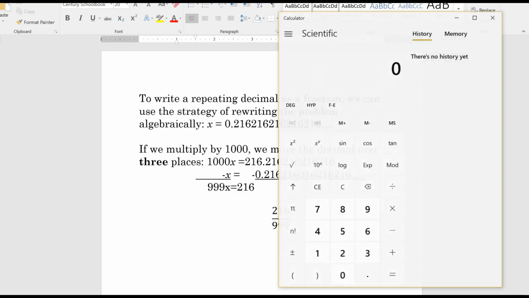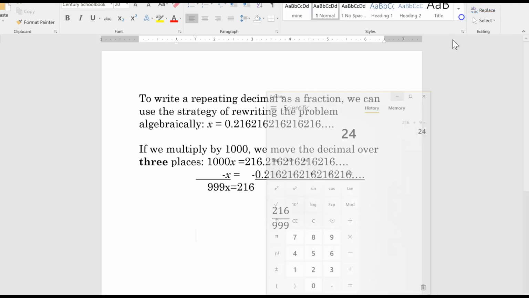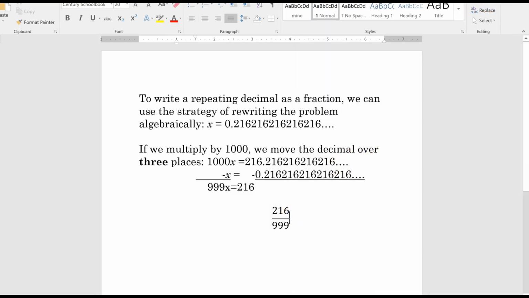So you can use your calculator and do 216 divided by 9, and I get 24. So it's going to be 24 on top. And on the bottom, if I divide 999 by 9, I get 111. Now I can look at that fraction, 24 over 111.